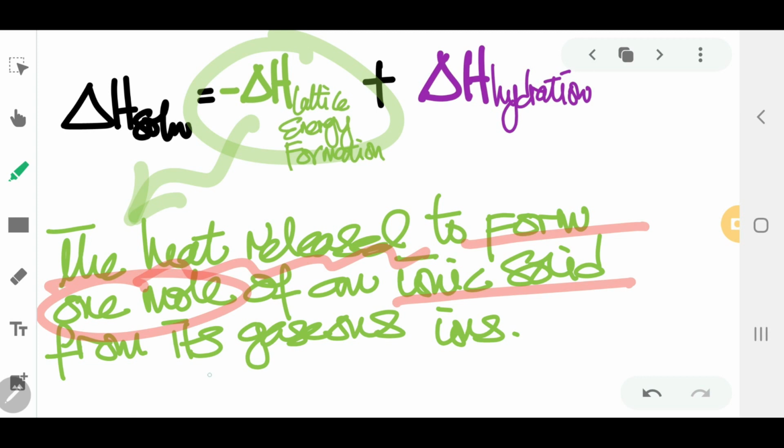Just now, for dissociation, you need to absorb heat in order to dissociate 1 mole of ionic solids to make the gaseous ions. But this time, it's going to be the opposite. You want to form the ionic solids from the gaseous ions.